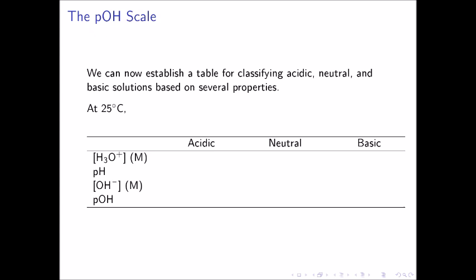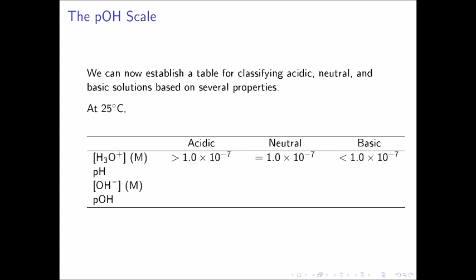We are now able to establish a table for classifying acidic, neutral, and basic solutions based on several properties. First, recall from the previous lecture that when dealing with hydronium ion concentration, an acidic solution has a concentration greater than 1 times 10 to the negative 7.